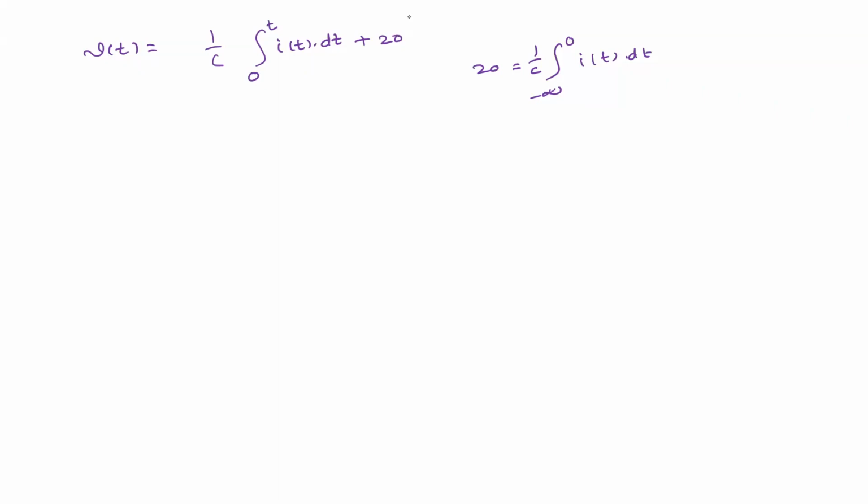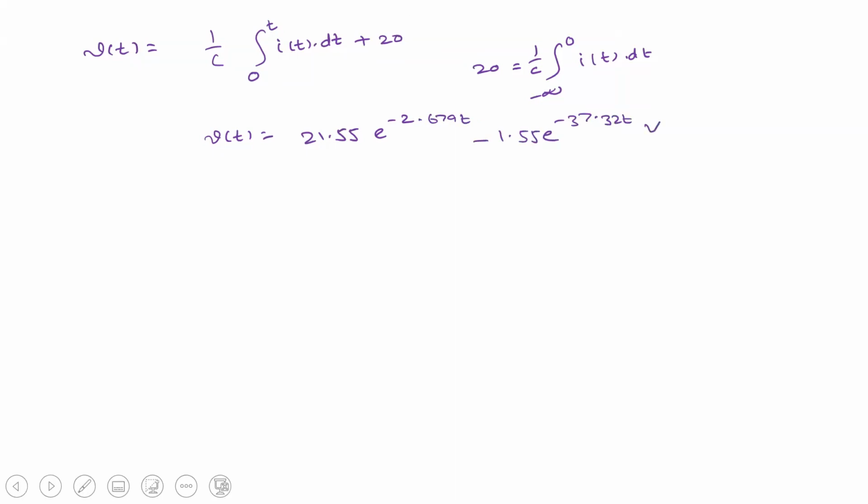So you will get approximately 21.55 e to the power of minus 2.679 t minus 1.55 e to the power of minus 37.32 t. Is this correct?